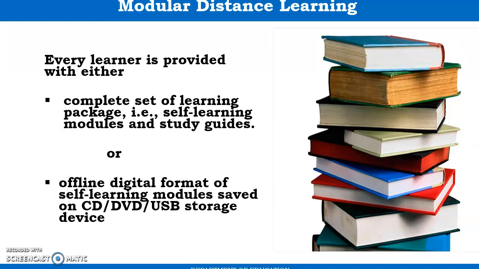In the modular distance learning, every learner is provided with a complete set of learning package or self-learning modules or study guides. It could also be in an offline digital format, which can be a PDF version of the modules, given in a CD, DVD, or USB.